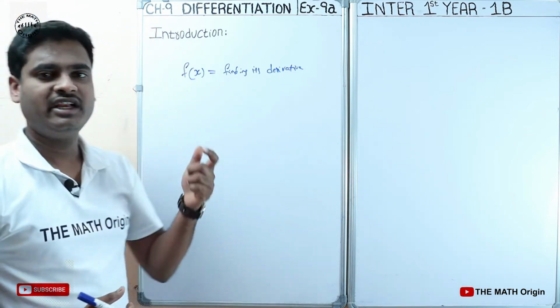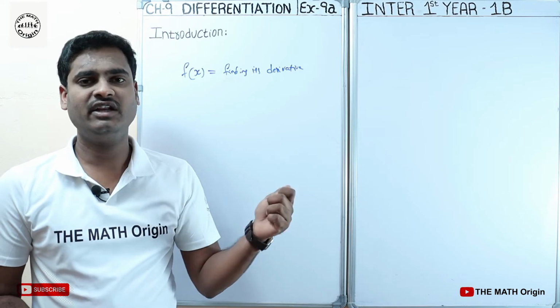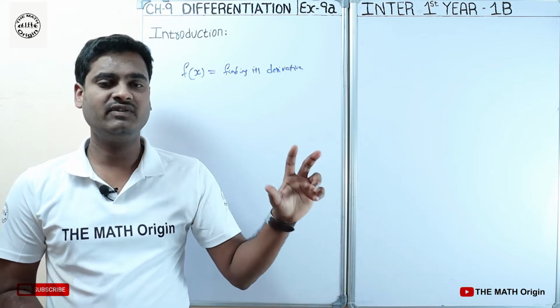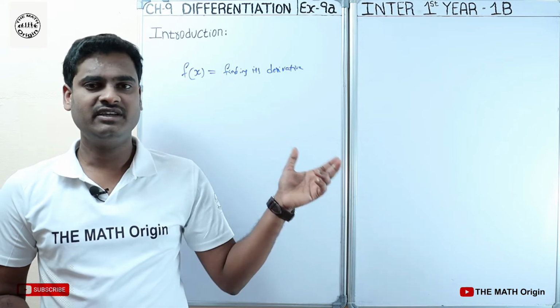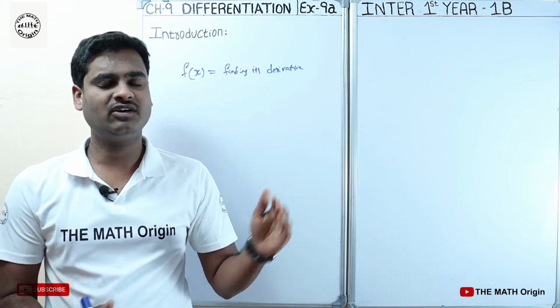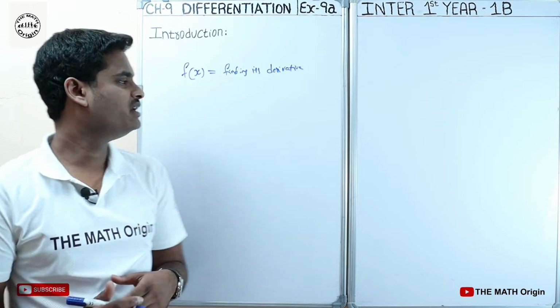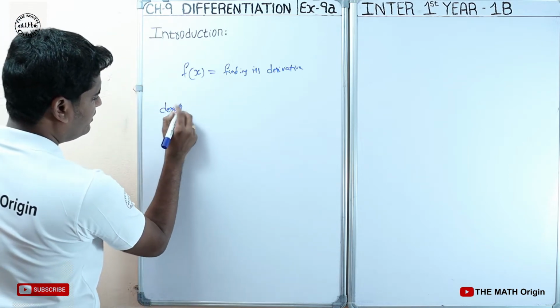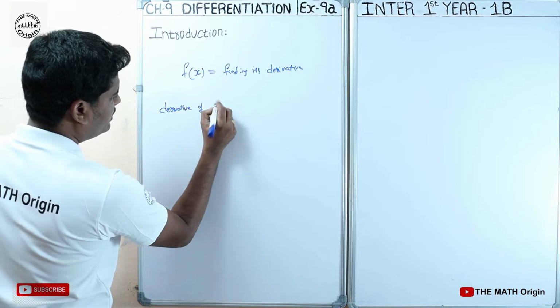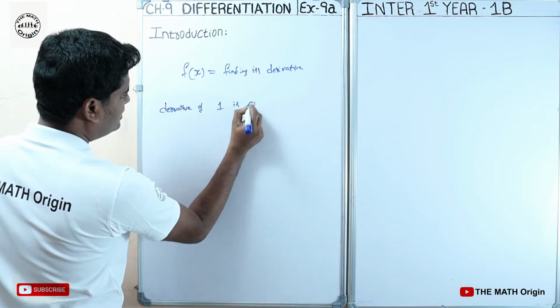Example, the derivative of a constant value, which does not involve any x or y terms, will be 0. Example, the derivative of 1 is 0.